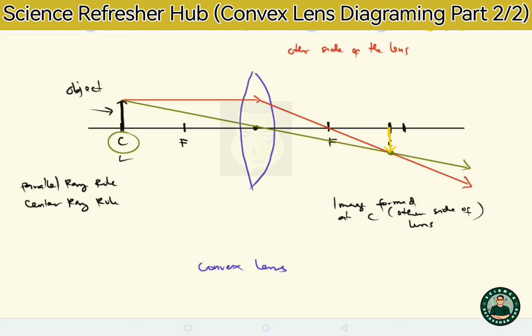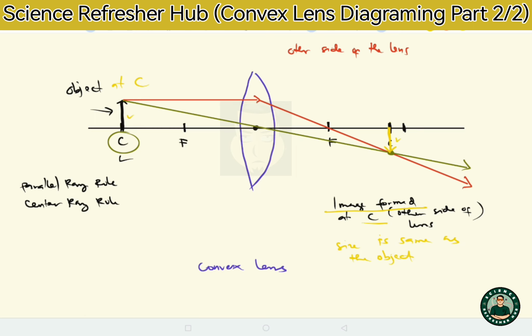If you notice, the sizes of the object and image in this case look different, but if the object is at C, or center of curvature, the image will form at C as well, and the size is the same as the object. But in my drawing, it's not likely the same. If you have your protractor and ruler, you can have the same size of your object and your image.